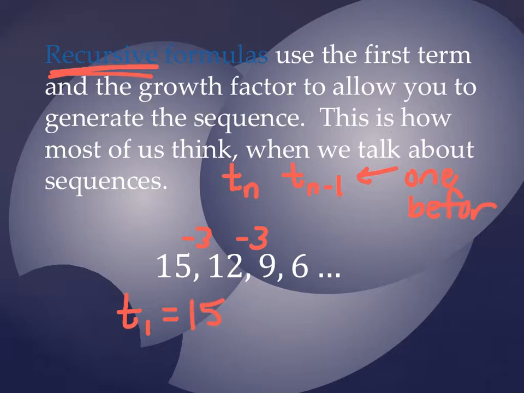And we know that we can generate any term we want by taking the term before it, n minus 1, and in this case, subtracting 3. So this t of n minus 1 just means the one before it. So the recursive formula looks confusing, but it's just saying, I know what my first term is, I know how it's generated, I can find any of them.